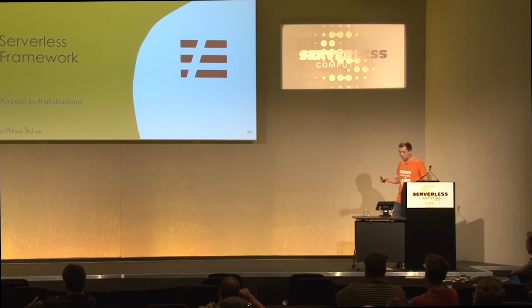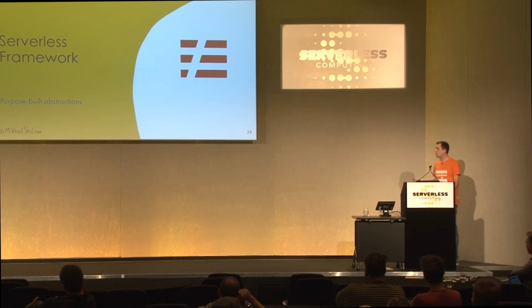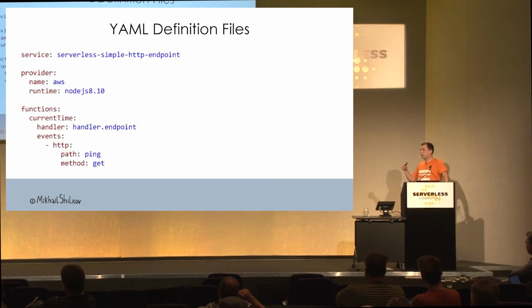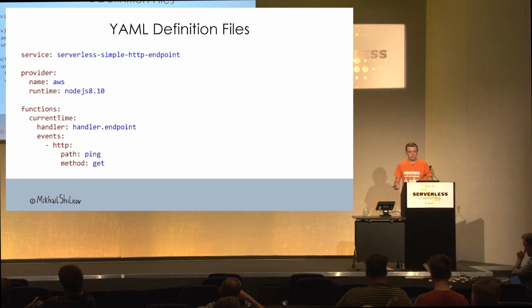There is SAM from AWS, which is kind of similar. Serverless is multi-provider. It exists for several years. And it's still YAML that you write here, but the primitives are more high level. So you define it in terms of functions and triggers and dependent services. And then all the low level stuff is taken care of by the tool.